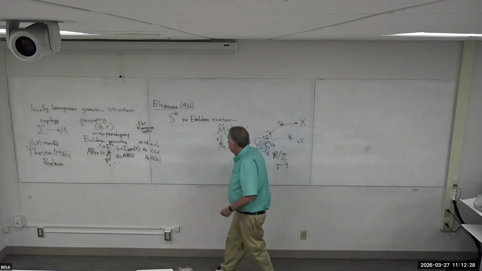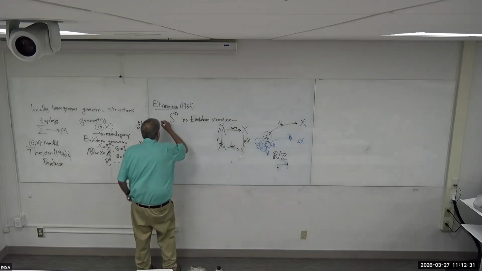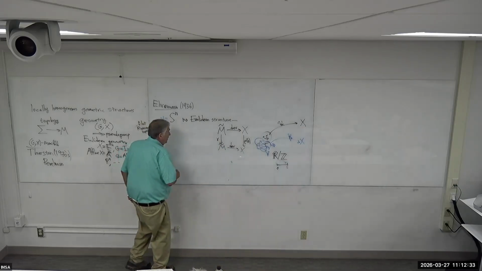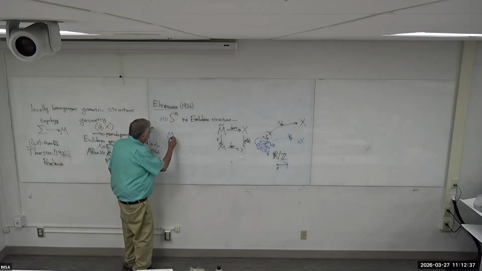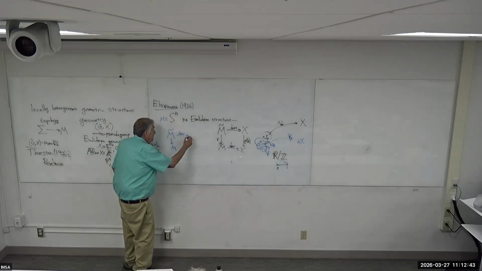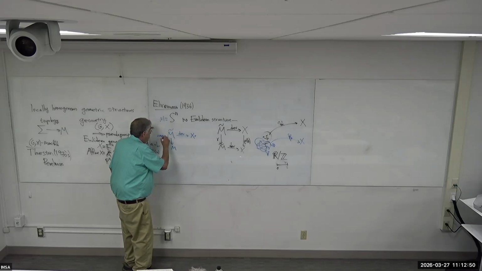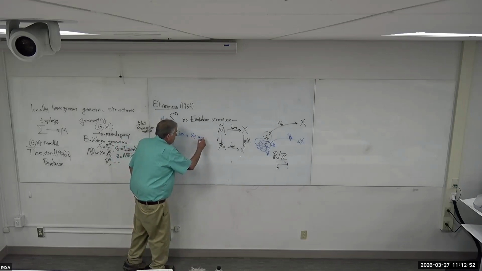So in the case of a GX manifold like M, it has no Euclidean structure for the following reason. Its fundamental group is finite, so its universal covering is compact. The developing map maps it into X, which is non-compact.